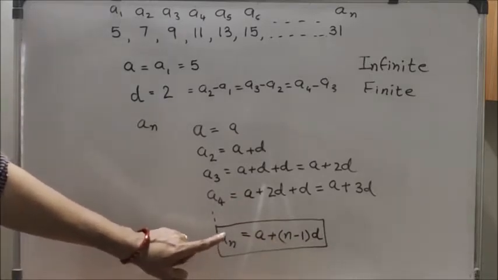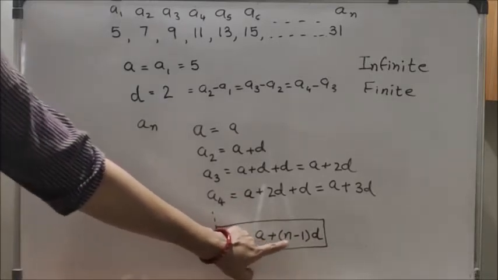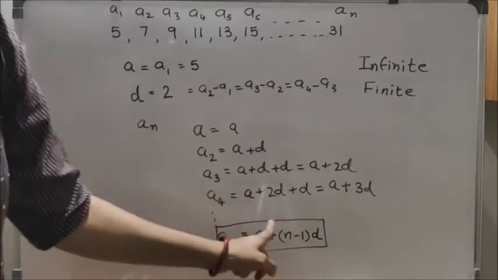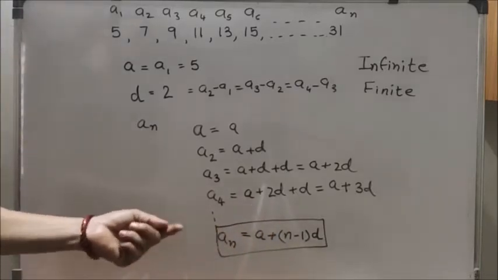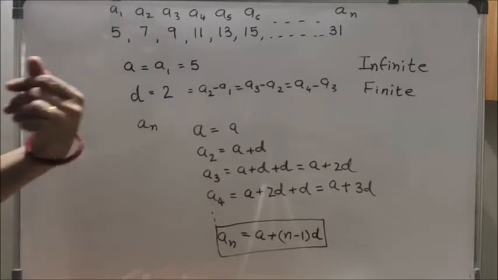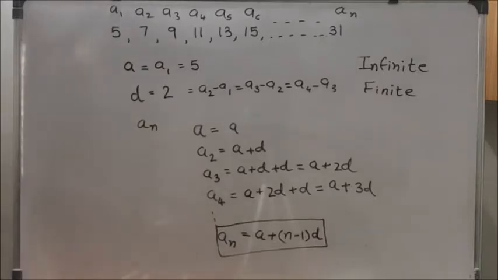Actually in this you can see that there are 4 variables, an, a, n and d. So this is an equation in which you can find any one value when the other 3 are given.